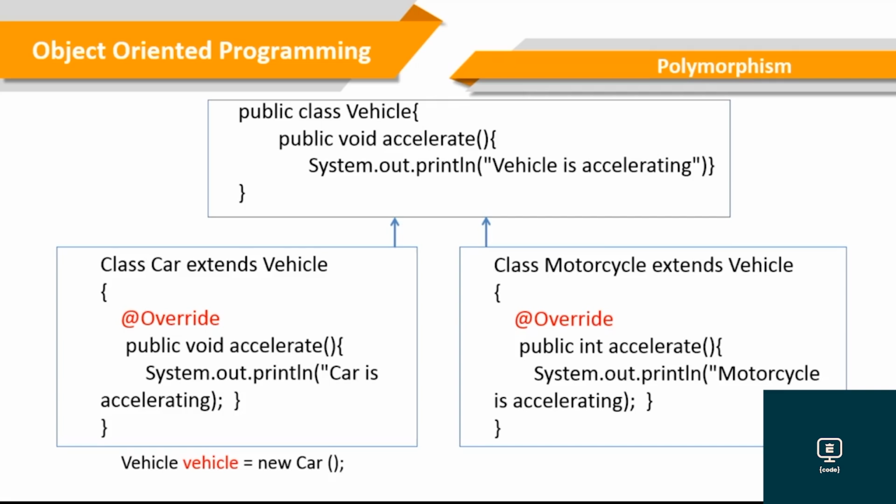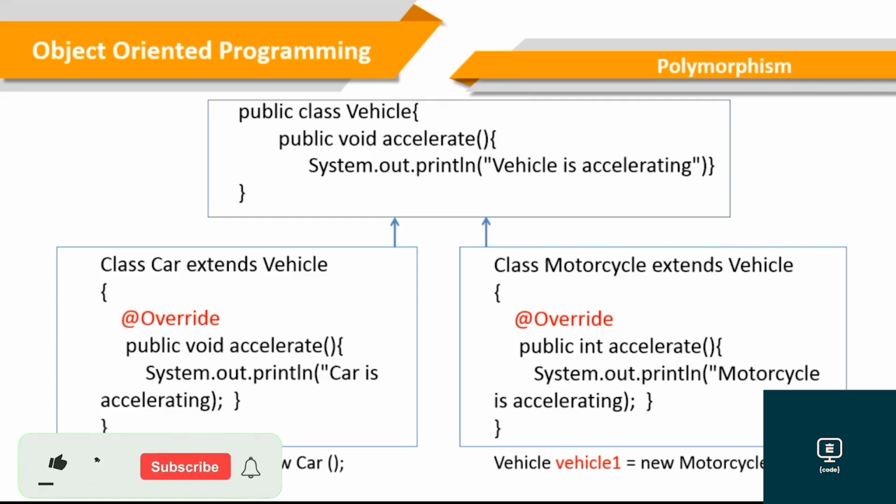In the same way, vehicle1 equals new Motorcycle. That works as a statement because Motorcycle is a subclass of Vehicle as well. So here the reference variable vehicle1, declared with type Vehicle, is pointing to an object of the Motorcycle class. And this very useful feature of Java is named polymorphism.